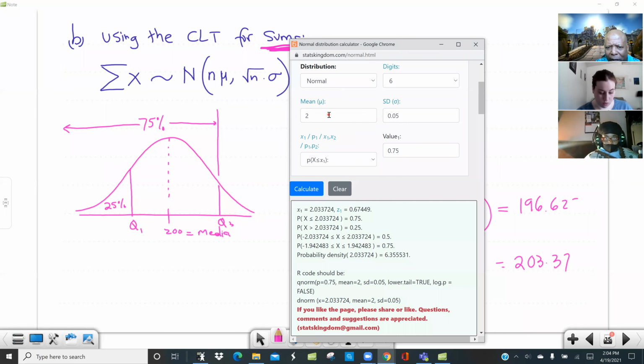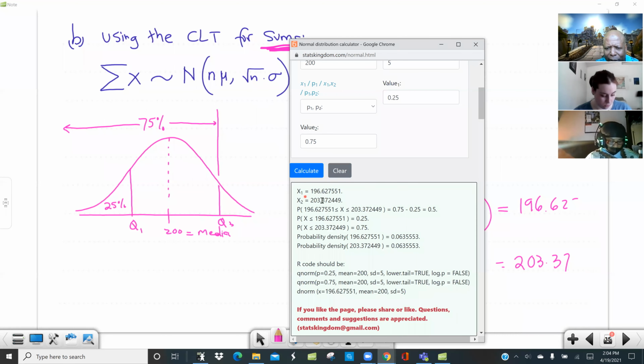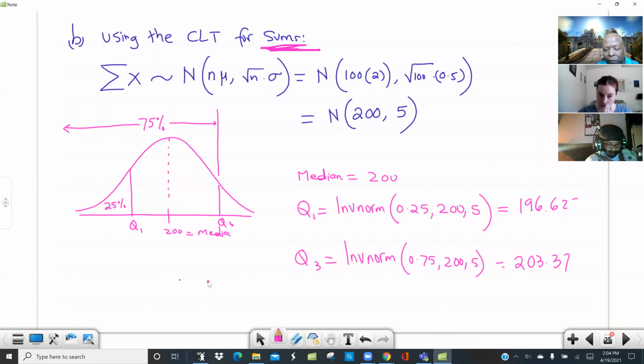So I come here, I make it 200, and I make this a 5. Then I go for P1, P2, 0.25 and 0.75. And I have my values here as 196.63 and 203.37 as Q1 and Q3.